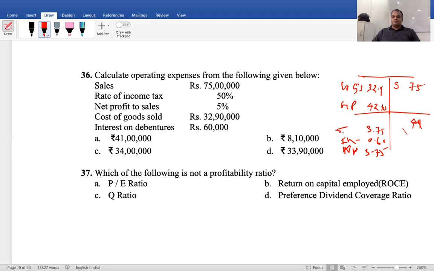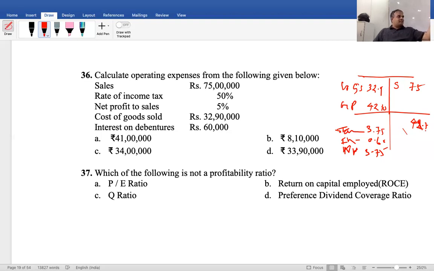Therefore, 42.10 minus 3.75 net profit, minus 3.75 tax, minus interest 60,000. Balance equal to operating expenses. Net profit will not form part of operating expenses. Next, tax does not form part of operating expenses.